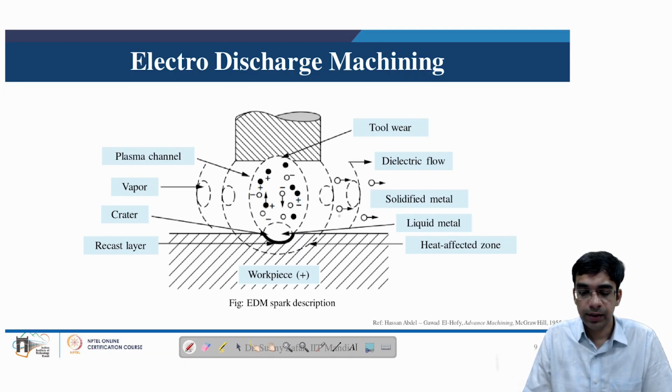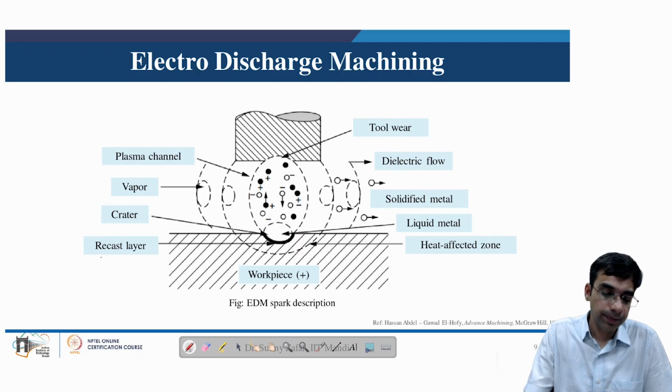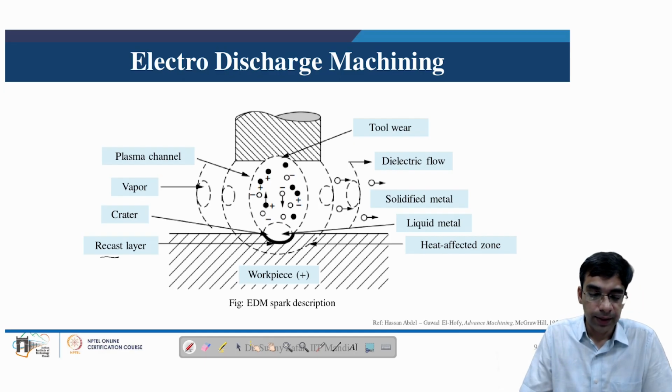Some of this resolidified material is suspended in the dielectric, and some is solidified on the surface of the workpiece in the form of the recast layer. We will see some more details about the recast layer later on.